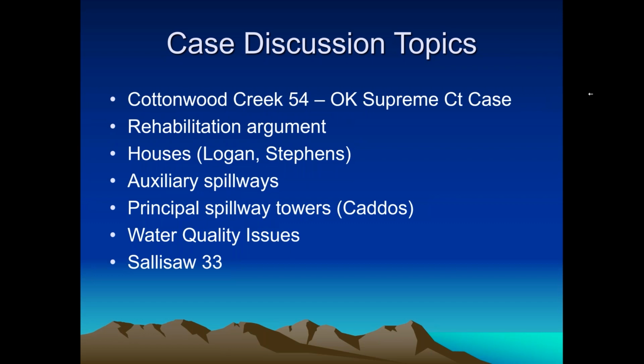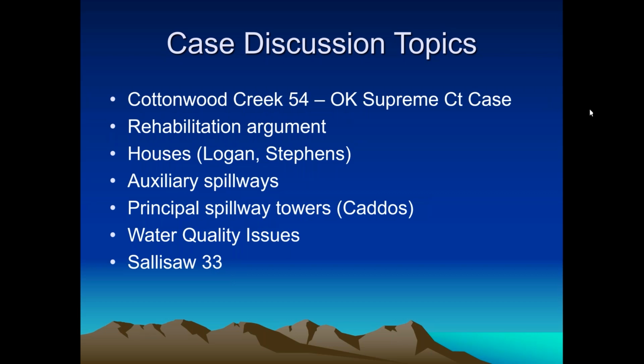This case, being relatively new, has been really helpful as we've moved on with other projects in the state of Oklahoma. Another issue that has come up is water quality issues. I don't know how it is in your state, but in Oklahoma, we have a provision in our statutes that says that the water quality in our flood control structures is not an issue for the project sponsors, because the project sponsors don't have the ability to control what happens on the land of the landowner.